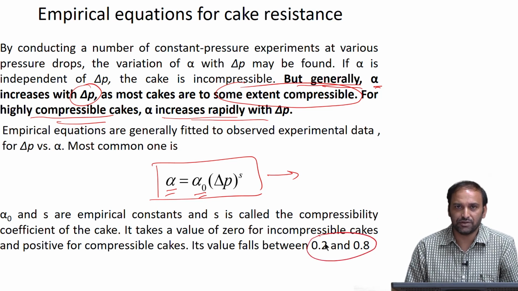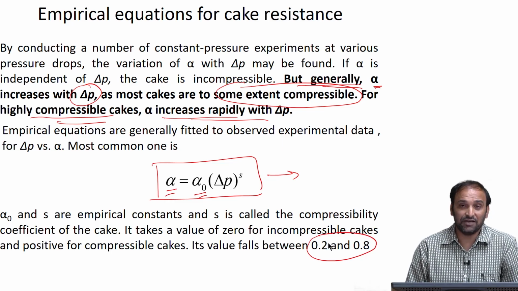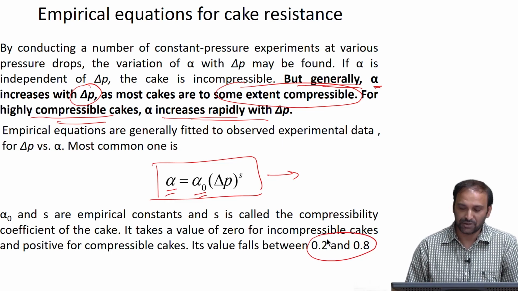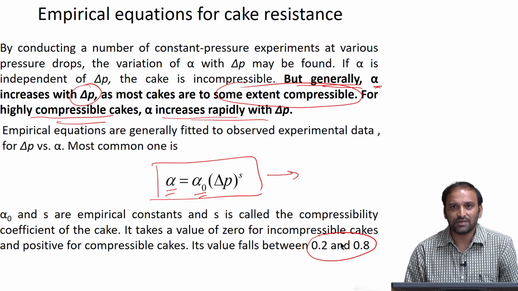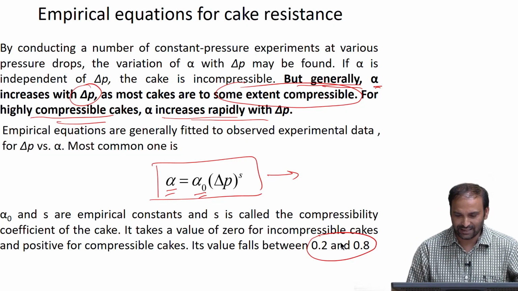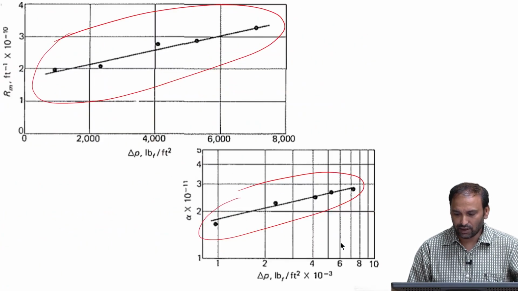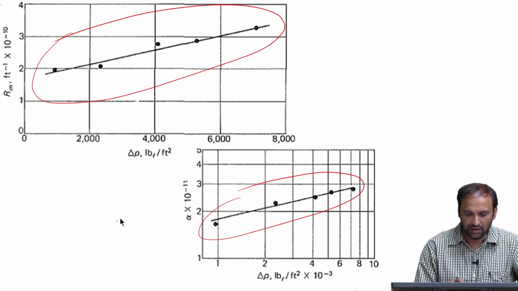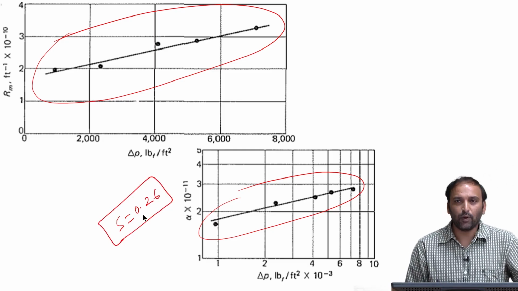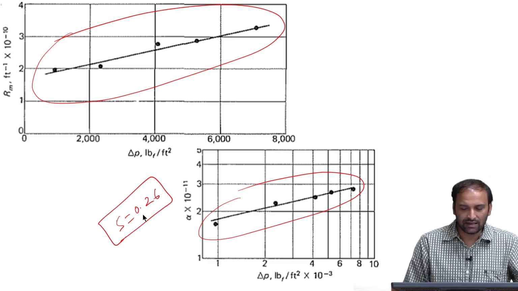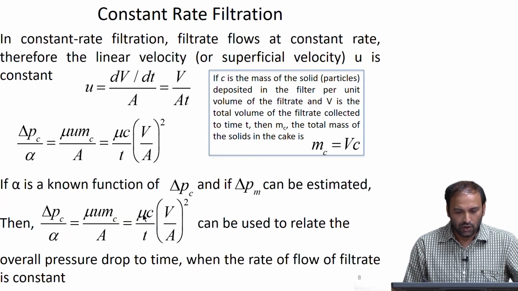If it is 0, it is incompressible, and if it becomes closer to 1, it becomes highly compressible. For the example that we looked at, the exponent s is about 0.26, which basically tells me that the cake being dealt with is slightly compressible.